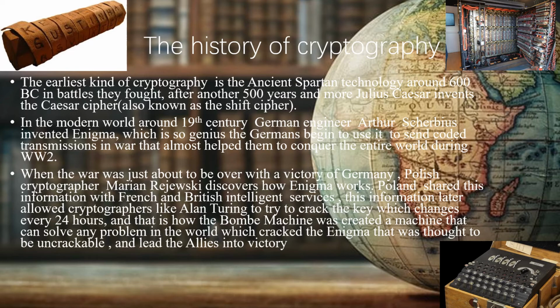This information later allowed cryptographers like Alan Turing to try to crack the key, which changes every 24 hours. That is how the Bombe machine was created, a machine that cracked the Enigma that was thought to be uncrackable and led the Allies to victory.